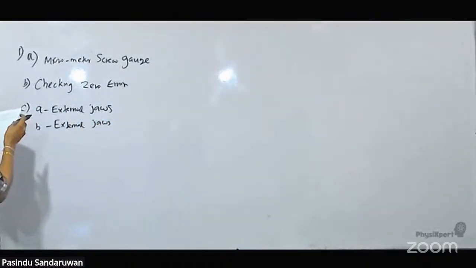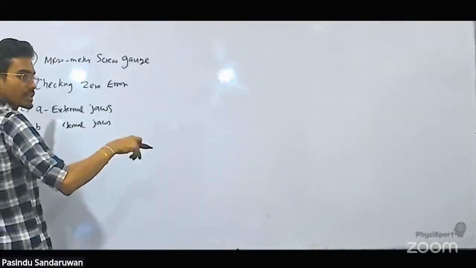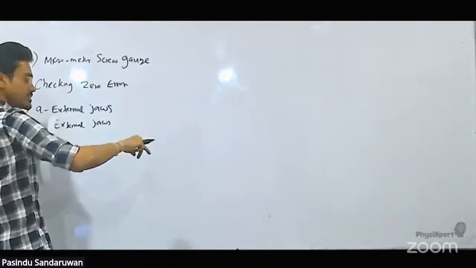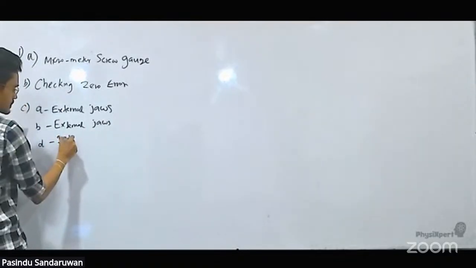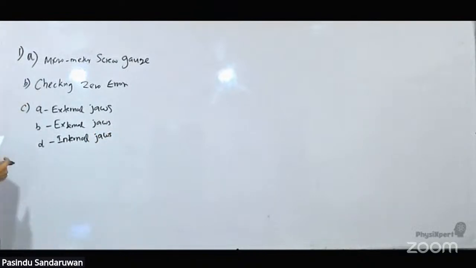D is the diameter of a hole, so it should be measured from inside: internal jaws, also called inner jaws.